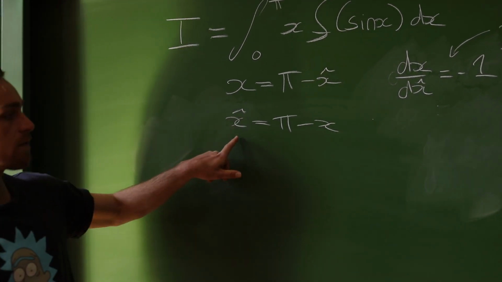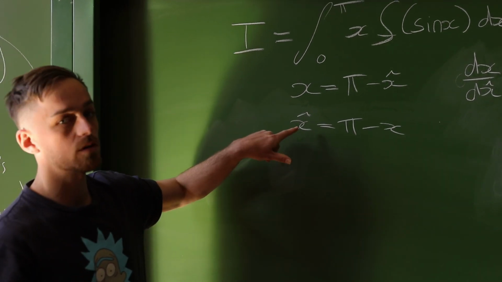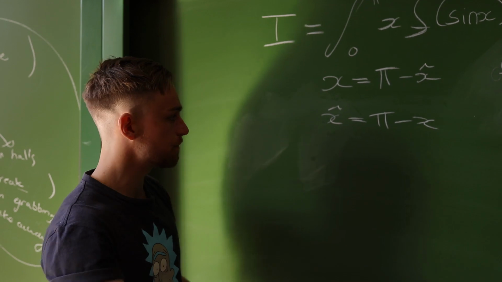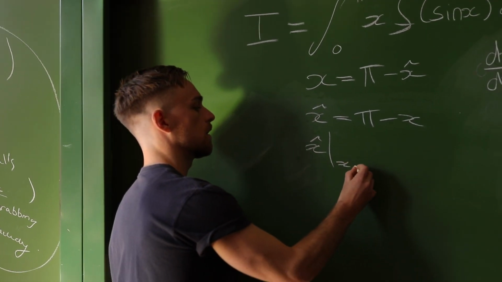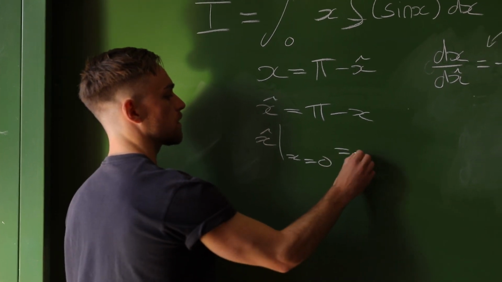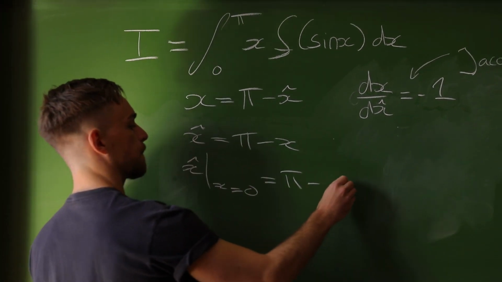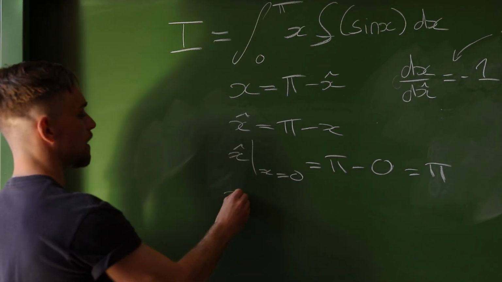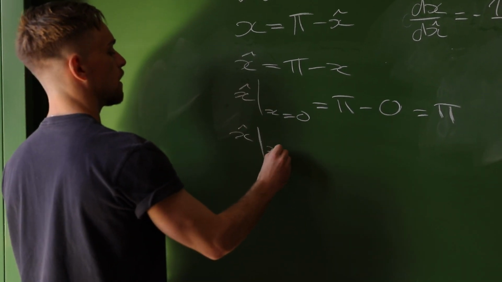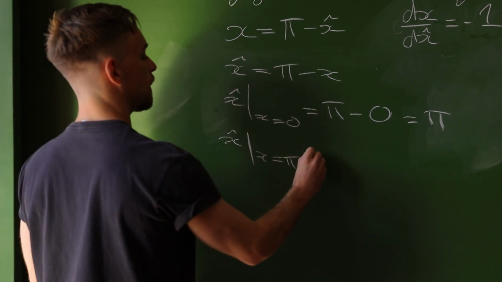And we say, what is the value of this new variable at our original bounds? So what is the value of x hat at x equals 0? It's pi. And what is the value of x hat at x equals pi?